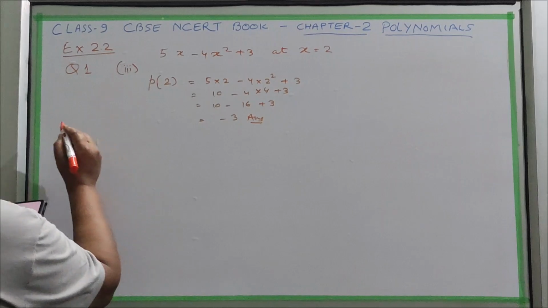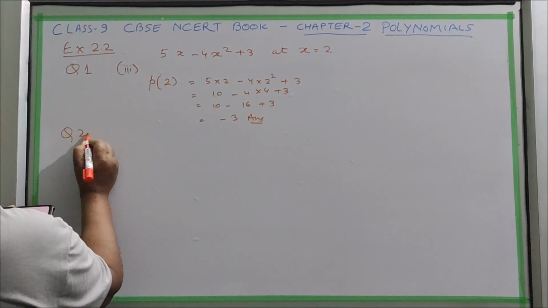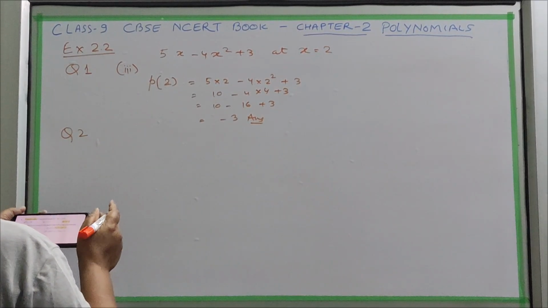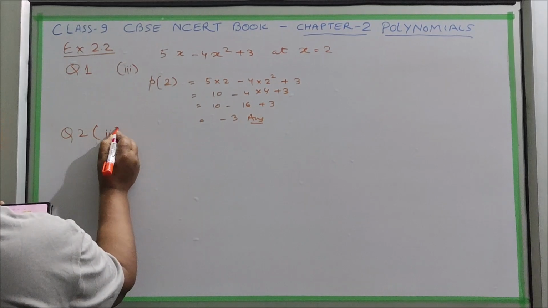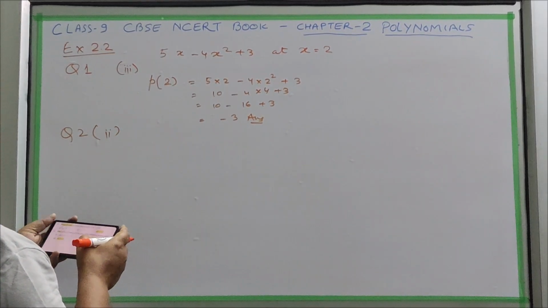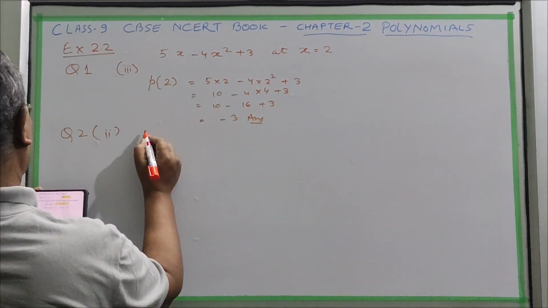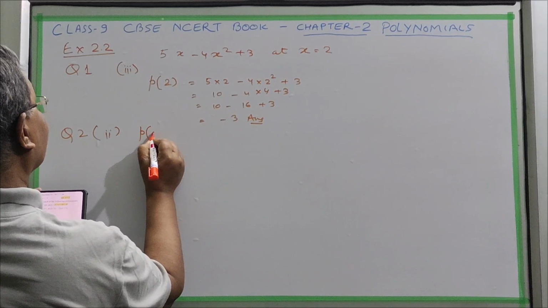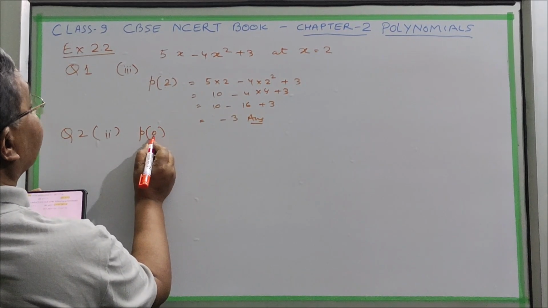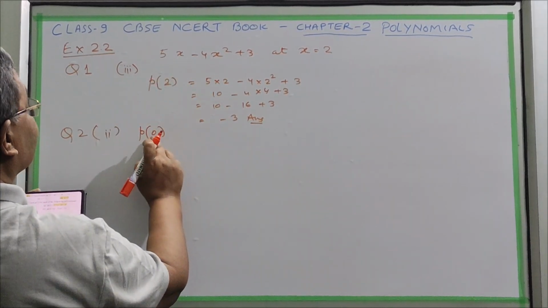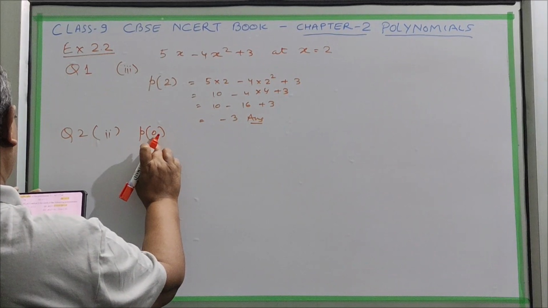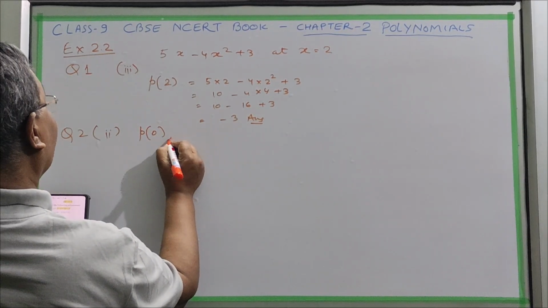Now question number 2. All questions we are not solving, some questions we are solving. Find P(0). P(0) means the value of x is to be taken as 0.